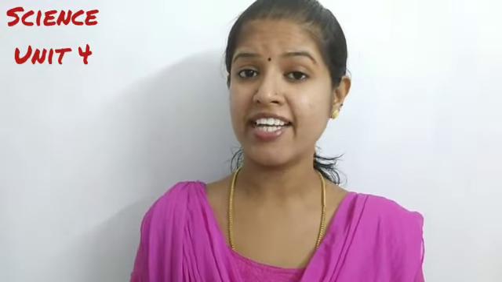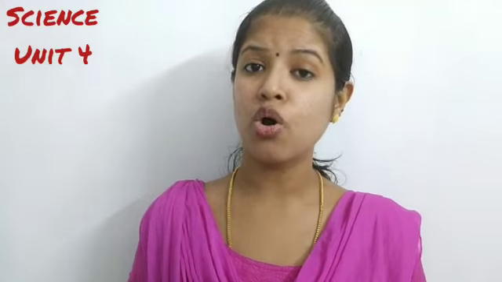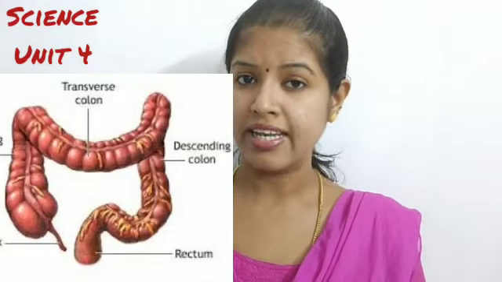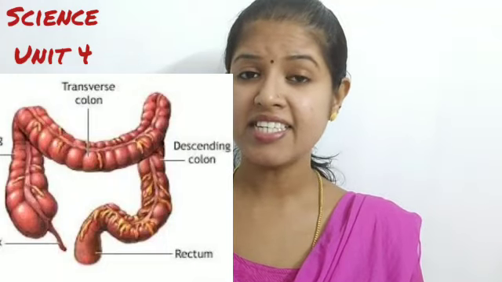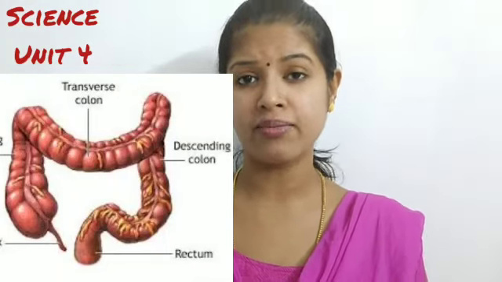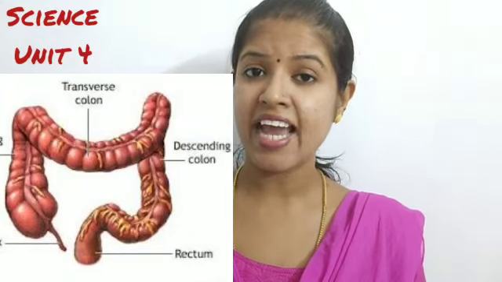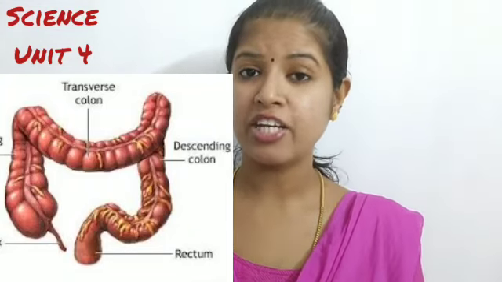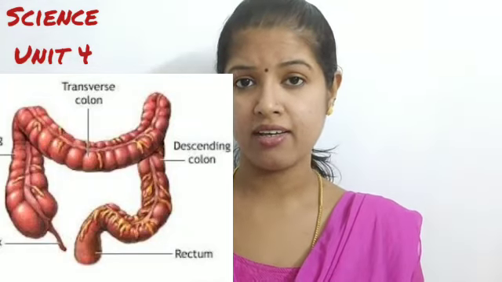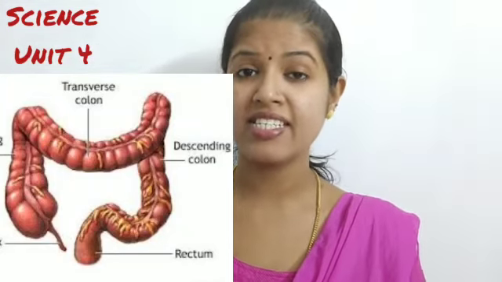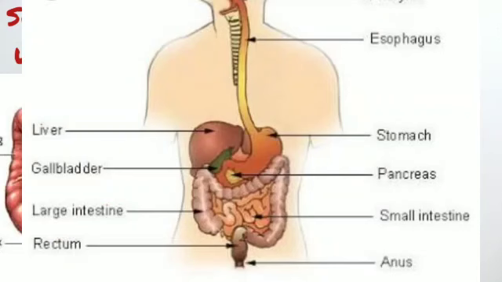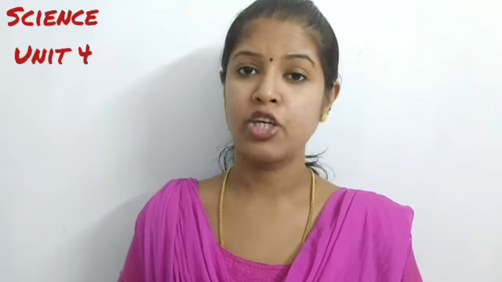And there will be some undigested food that will go into the large intestine, and the large intestine absorbs the water and salt from these food items, and at last it will reach the rectum and get eliminated from our body through the anus. The undigested food will remain in the rectum, and slowly the waste will be eliminated through the anus. So this is how the digestion takes place in human beings.